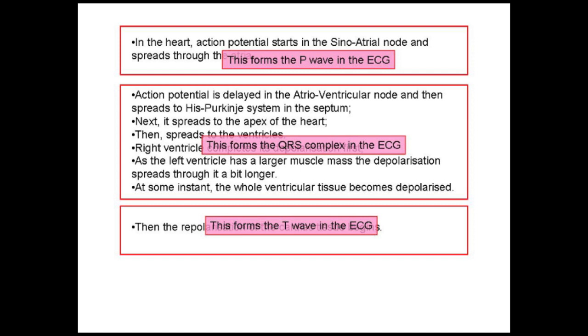There is a silent period between the P wave and the QRS complex, because in between, the only tissue that has action potential is the atrioventricular node. The whole atrium is depolarized, so it does not form any net dipole, and the ventricle is completely polarized, so it does not form any net dipole.